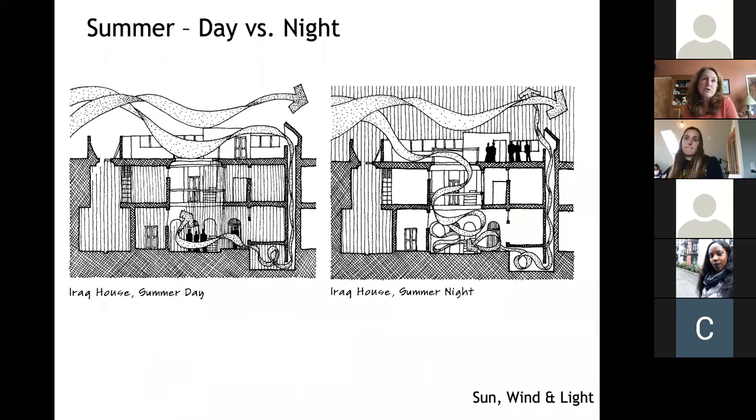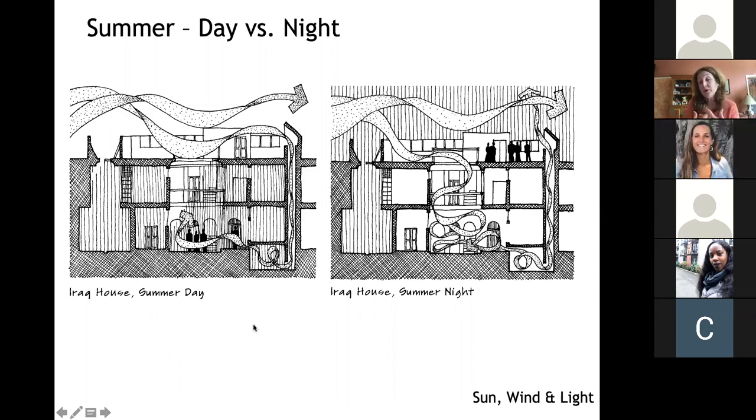These are some drawings from Sun, Wind, and Light that show the different operation during the day and night. And it's showing that in the earlier part of the day, people are combining this with migration and where they're spending time in the space. So during the day, the mass has been cooled all night and it's cooler during the day. People go down below.